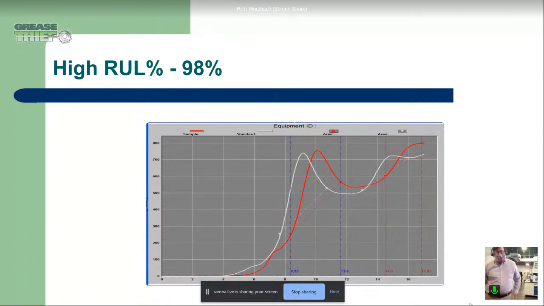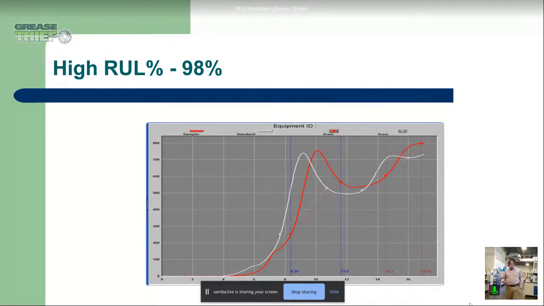And there are some different reasons that we might see these peak shifts: different formulations, a baseline, perhaps some changes, other chemical changes in the solution. But they're pretty close and in pretty good alignment and very high remaining useful life on this particular grease. So we would look at that and say, how long has that grease been in service? Has it been subjected to the normal forces that it will in this kind of service?